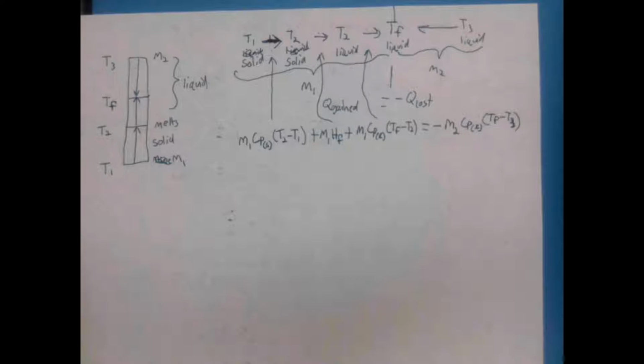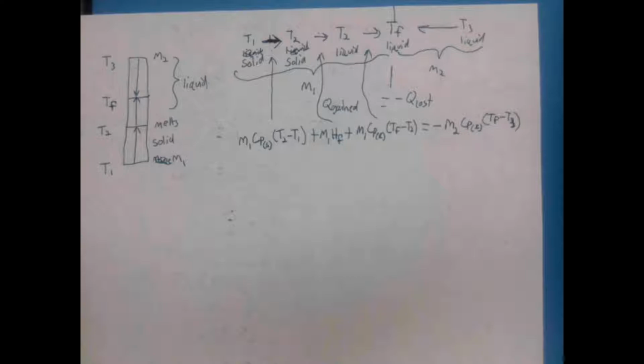So this would be CP1 liquid times TF minus T2. When I'm moving this over, it becomes a plus.